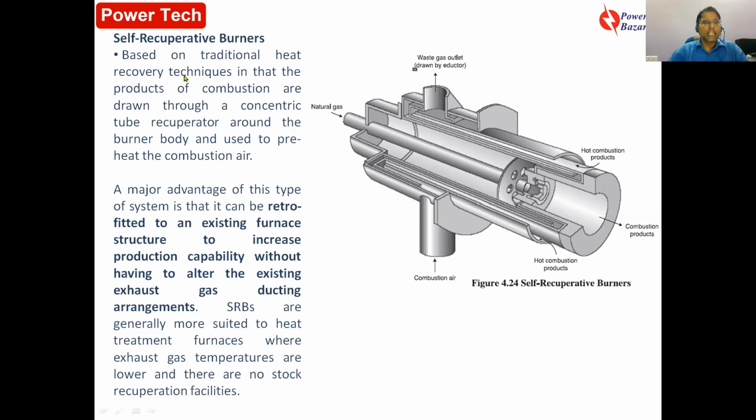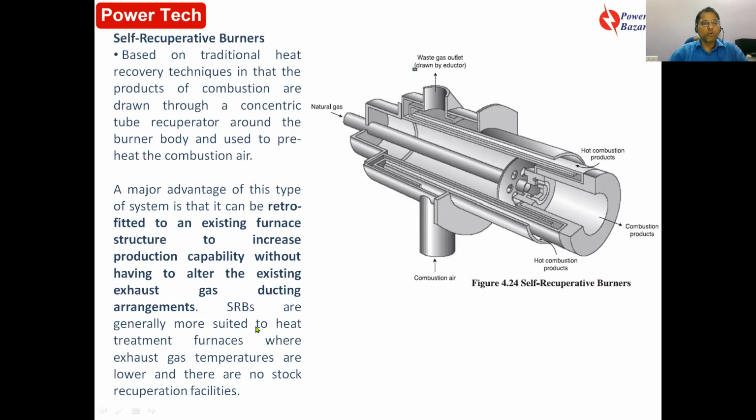Now, based on the traditional heat recovery technique, the products of combustion are drawn through a concentric tube recuperator around the burner body and used to preheat the combustion air. The major advantage of this type is that it can be retrofitted to an existing furnace structure to increase production capacity without altering the existing exhaust gas ducting arrangement.